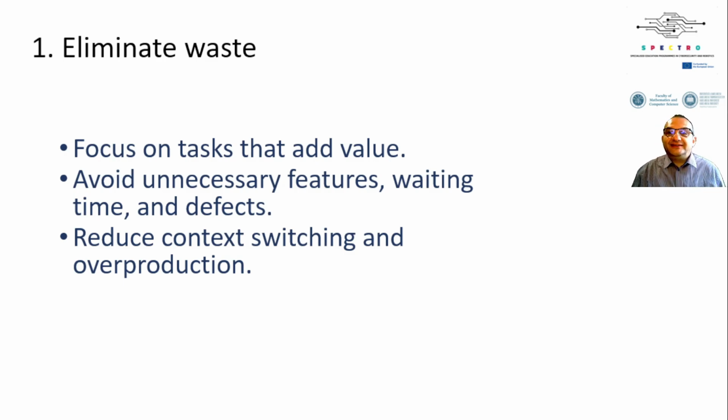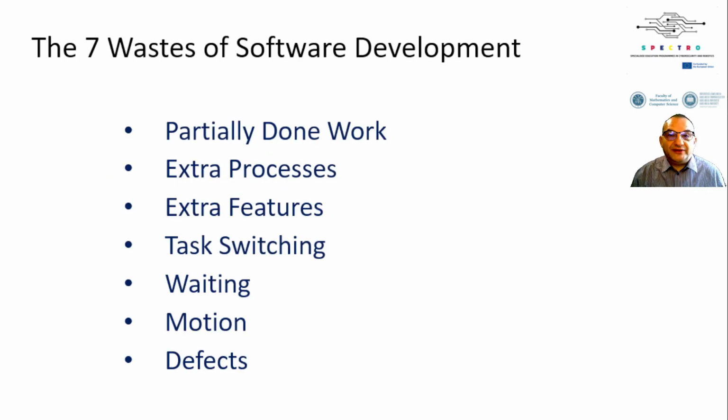By identifying and eliminating waste, you free up resources and ensure the team is always working on what matters most. There are 7 types of waste in software development. These are key areas where inefficiencies creep into the development process, and identifying them is the first step toward improving workflow and delivering value more effectively.